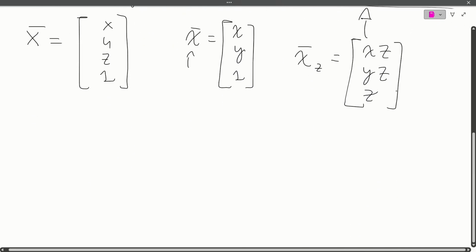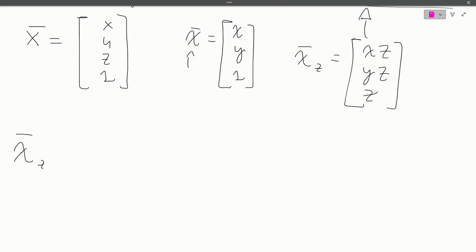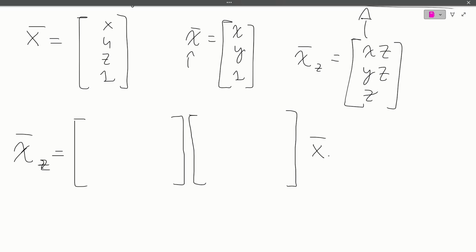So, in a matricial form, we want to find small x z. This is a vector with three entries, and we want to obtain it with a matricial multiplication, a product between matrices and the vector X. Okay, let's be more precise.